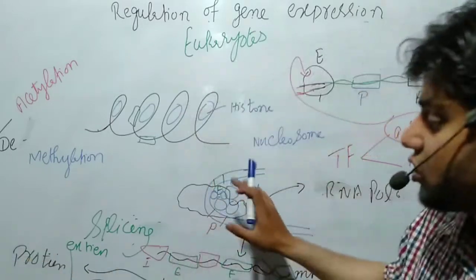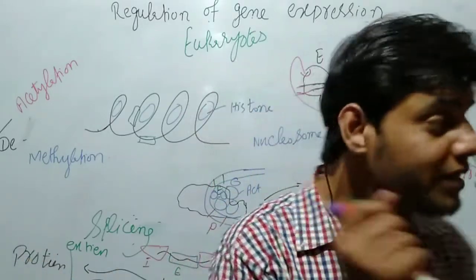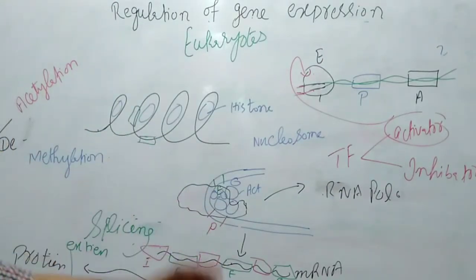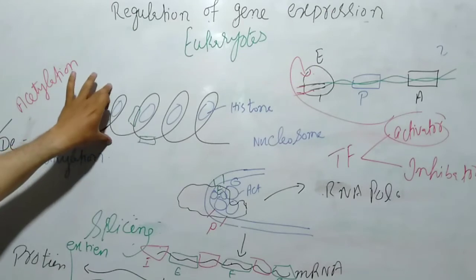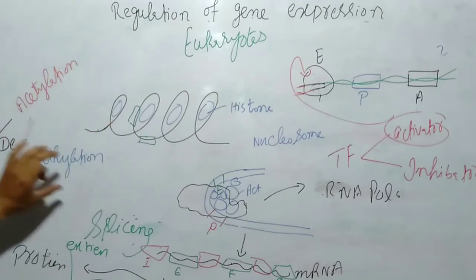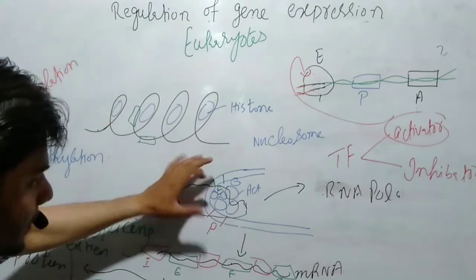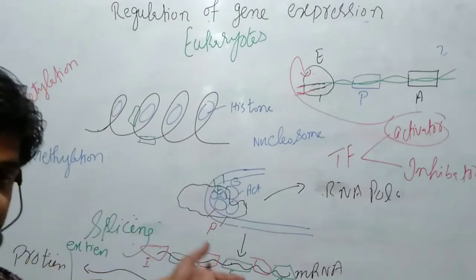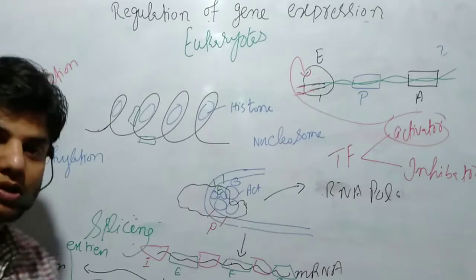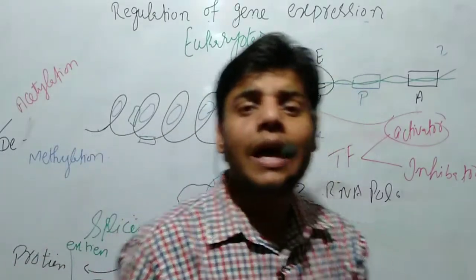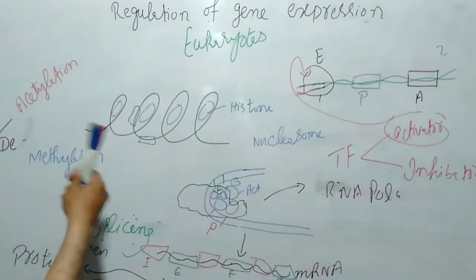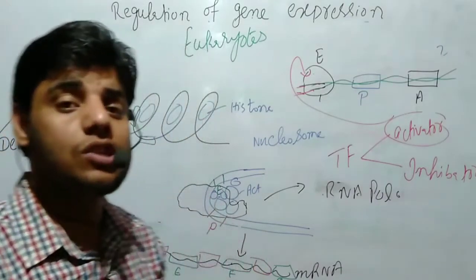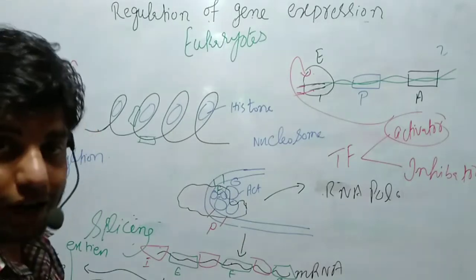As you can see, the process is very complicated. So in this case, the regulation of gene expression occurs at different levels. Let me once again tell you that in the regulation of gene expression in eukaryotes, the genes will be regulated at different levels.